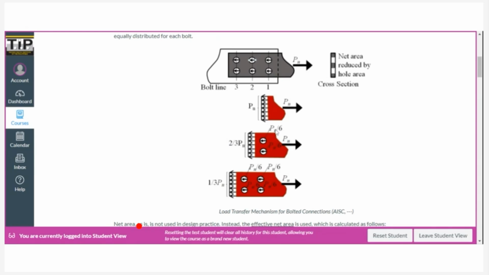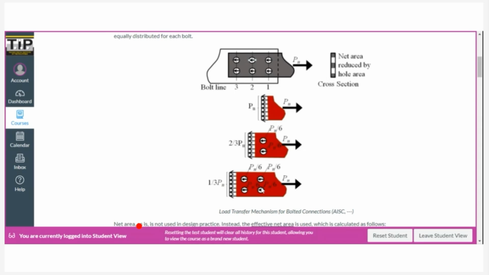Okay? So do you get what I'm saying here? Do you understand so far? Okay. And then if we consider the failure plane at section 3, again, we draw a free body diagram up to this point, and then it will not carry the entire load because some of the load will be resisted by the first two columns here.